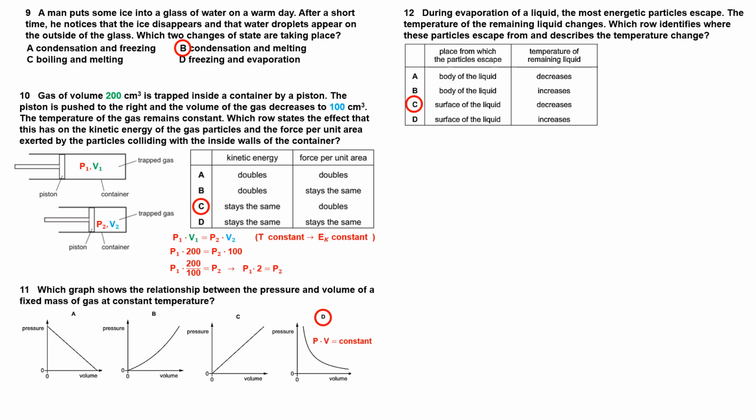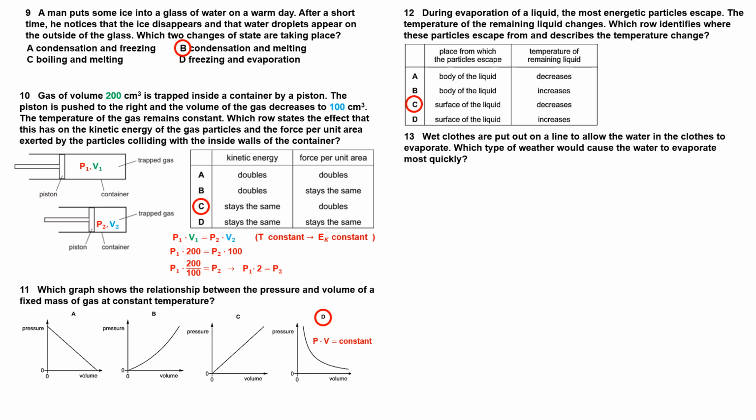Question 13. Wet clothes are put out on a line to allow the water in the clothes to evaporate. Which type of weather would cause the water to evaporate most quickly? When temperatures are higher, water molecules gain more energy, allowing them to escape from the fabric and evaporate.